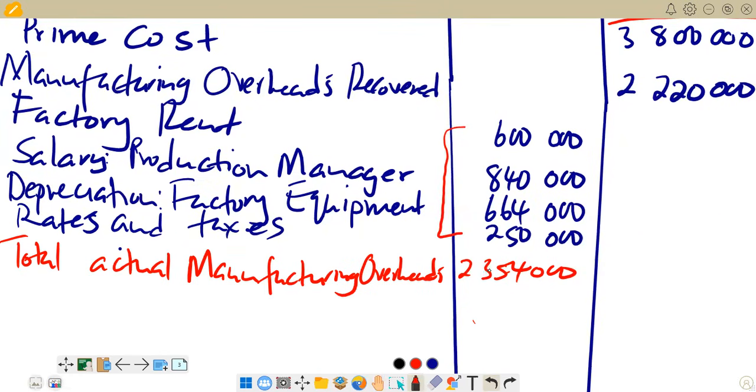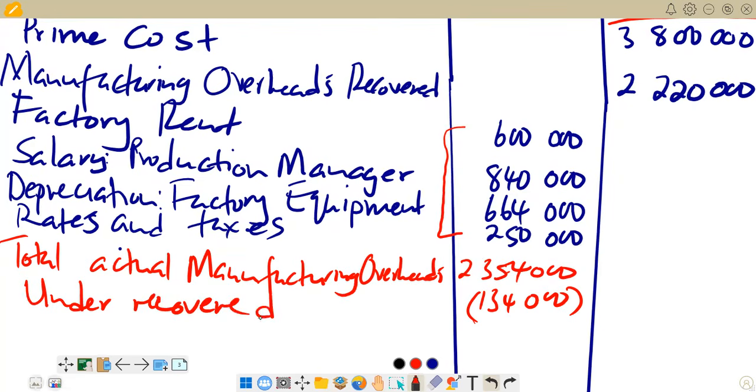By saying 2,354,000 minus 2,220,000, I was supposed to get 134,000. So here we have got 134,000, and we subtract it from this figure to get this figure. So here now we say it's under recovered. So that's what we have there.